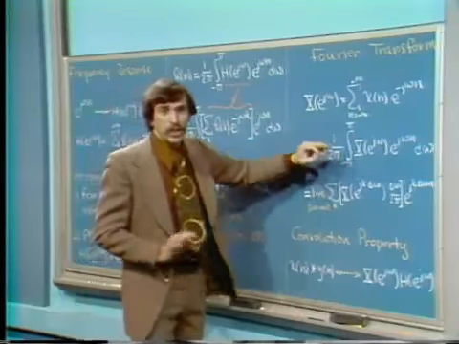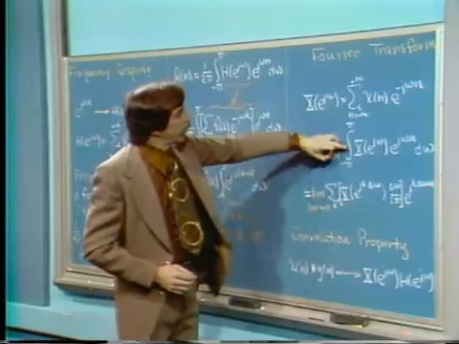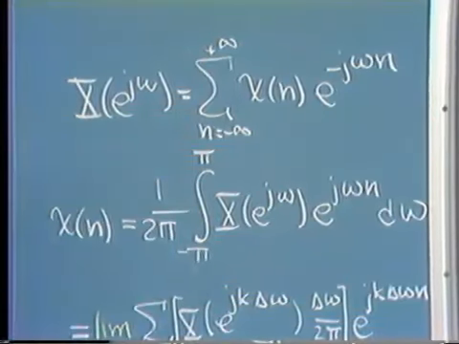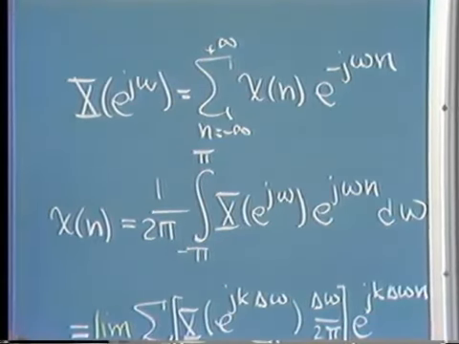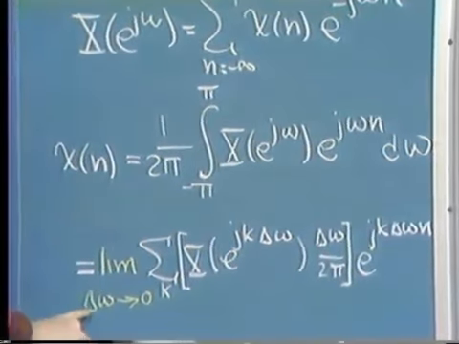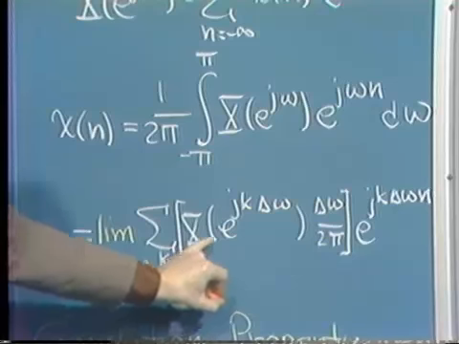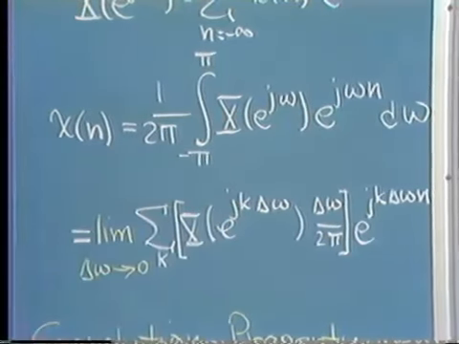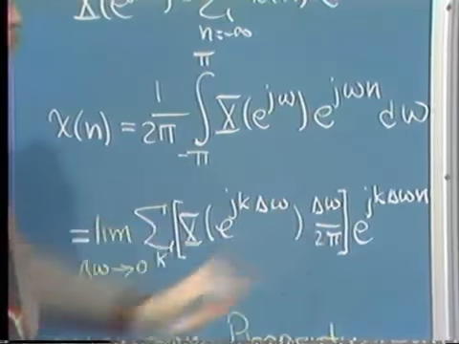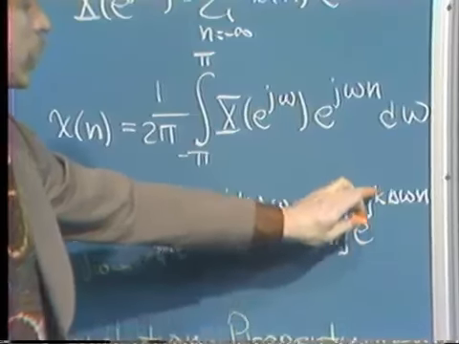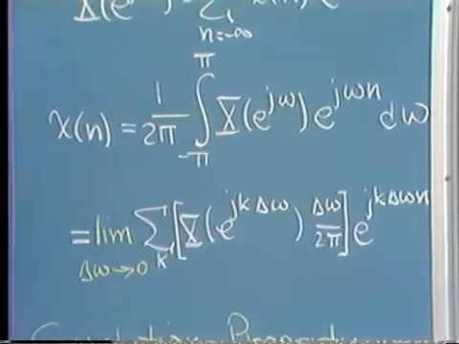Well, in fact, you can see this a little more explicitly if we consider this integral as the limiting form of a sum, the limit as delta omega goes to 0 of the sum of x of e to the j k delta omega times delta omega over 2 pi e to the j k delta omega n.